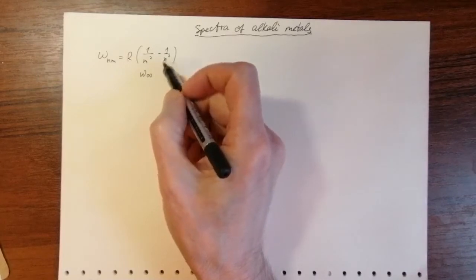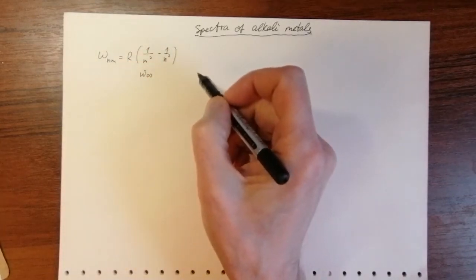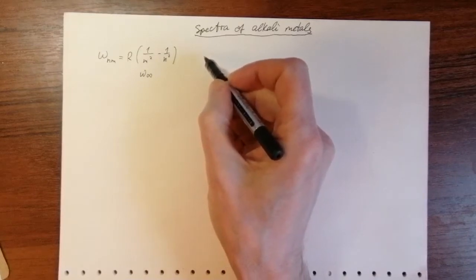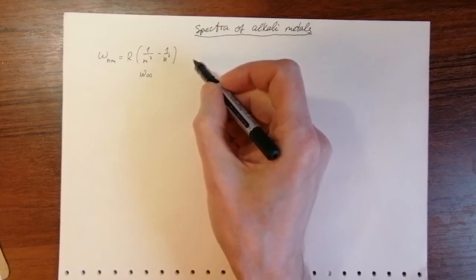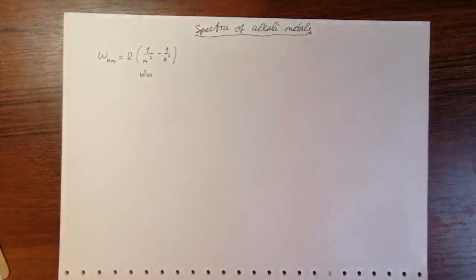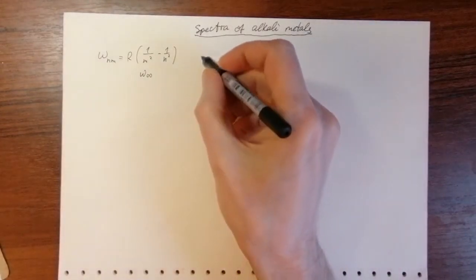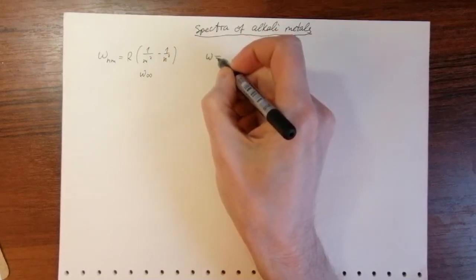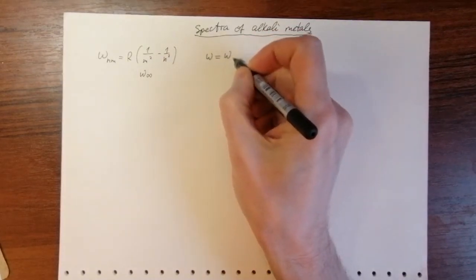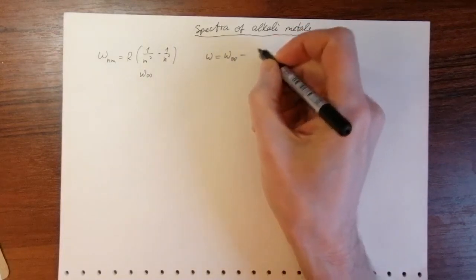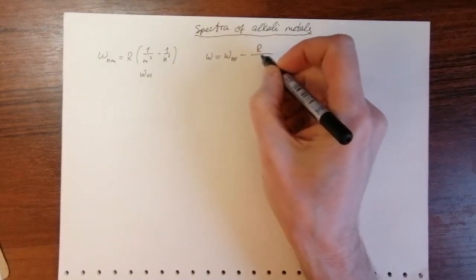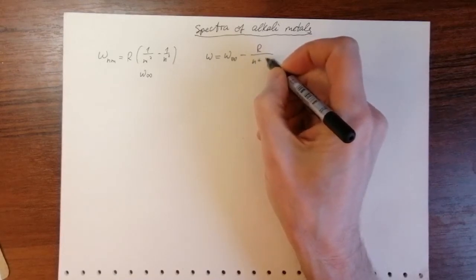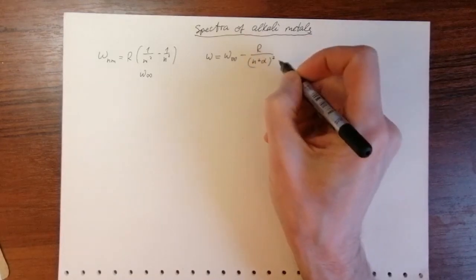This is the case of hydrogen, and in the case of alkali metals the corresponding formula is similar, but a little bit more complex. We have omega equal to omega infinity minus Rydberg constant divided by n plus alpha squared.